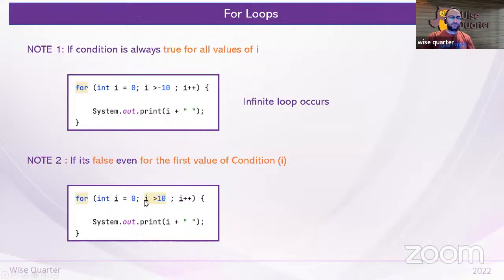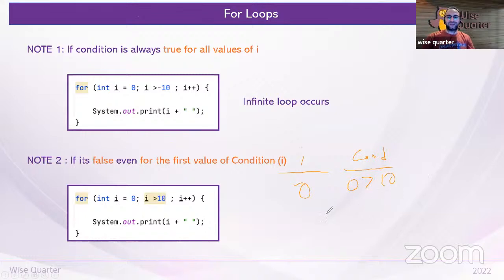Yes. Let's check this one. This one is a little different. I will start from 0, and as long as i is higher than 10, it will continue. What will happen here? The first value of i will be 0, and the condition is that i should be higher than 10. It is not.